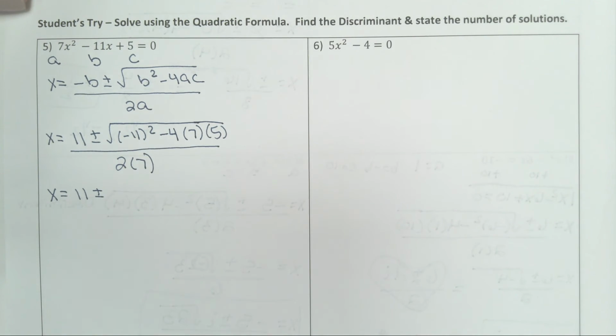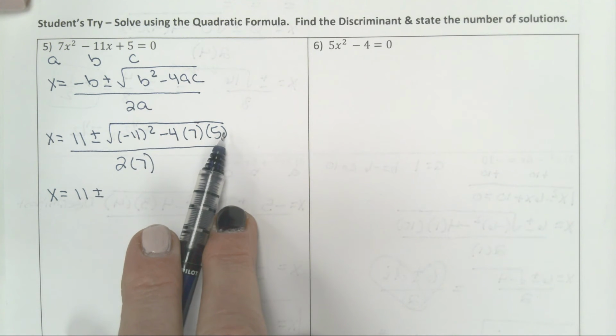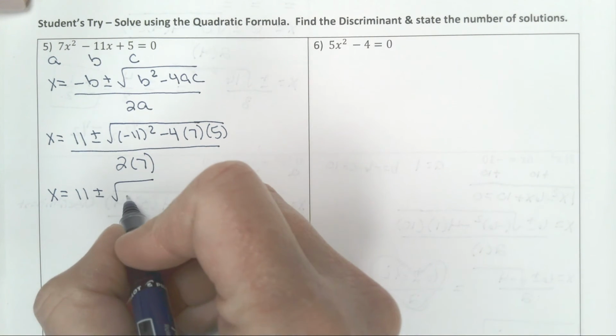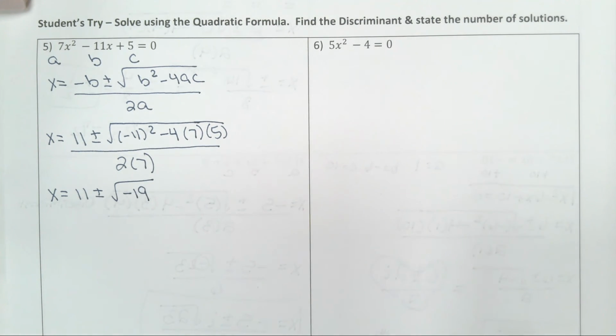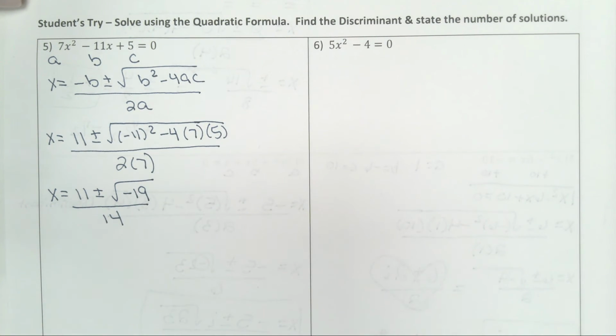I put that in my calculator, parentheses, negative 11 squared minus 4 times 7 times 5, and I got negative 19, and that's all over 14.